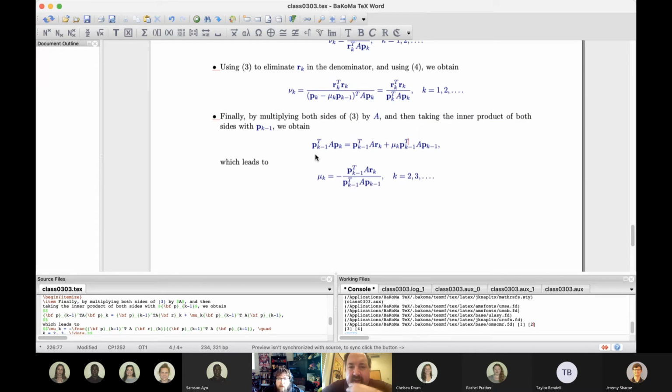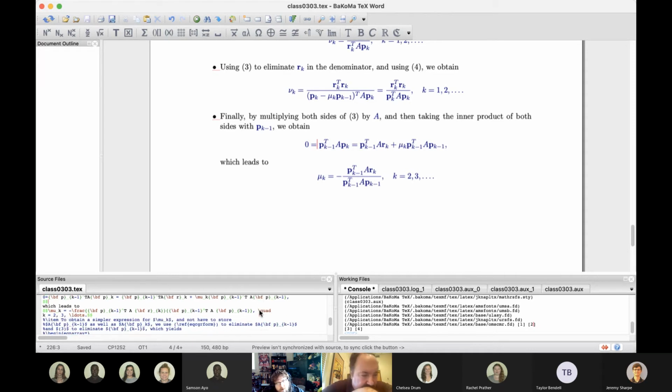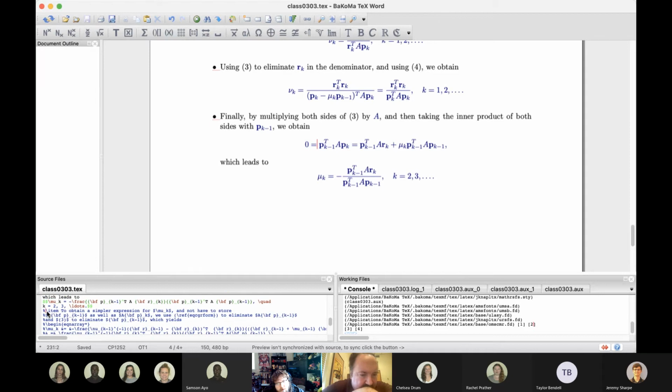Well, the thing is, again, search directions are A-orthogonal. This is 0. So now I have this whole thing equal to 0, and I can rearrange this and solve for mu_k. Remember, these are all inner products. They're numbers, so we can certainly divide by them. So now I have a formula for mu_k.